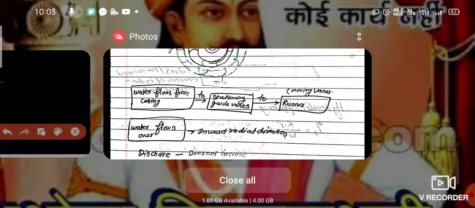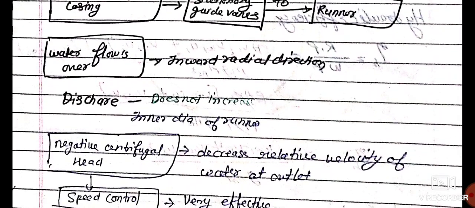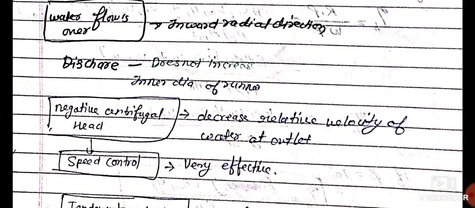Discharge does not increase with the inner diameter of the runner. Negative centrifugal head decreases the relative velocity of water at outlet.